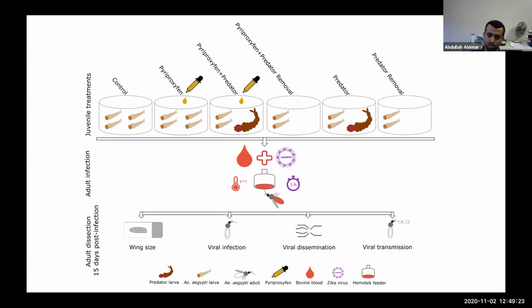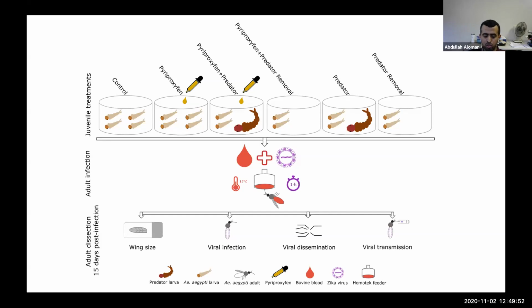The third one is the pyriproxyfen plus predator treatment, which has a low concentration of pyriproxyfen plus a single predatory larva of Toxorhynchites. The fourth one is the pyriproxyfen plus predator removal. The fifth one is the predator treatment. This treatment has just a single larva of Toxorhynchites. And the last one is the predator removal.